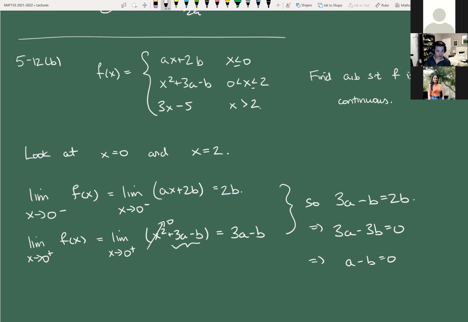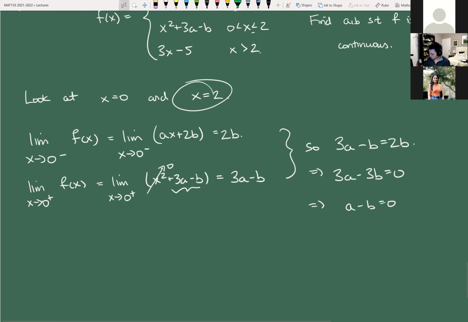So let's go to the second equation now. Let's look at what happens when x is equal to 2. So the limit as x approaches 2 from the left is what? Which function do we use? From the left, though. Yeah, second row this time, right?